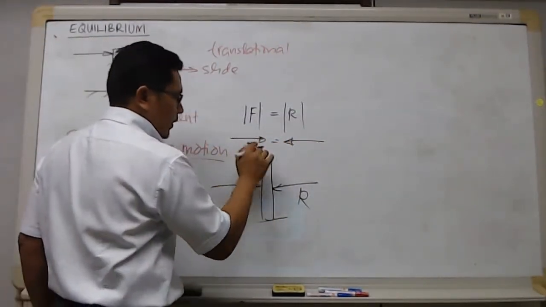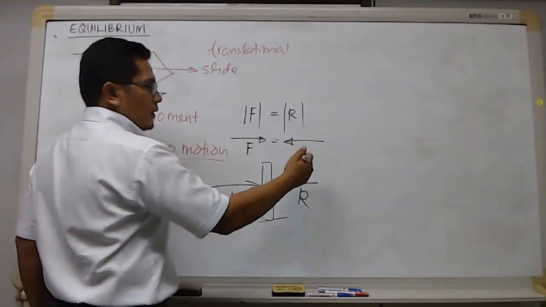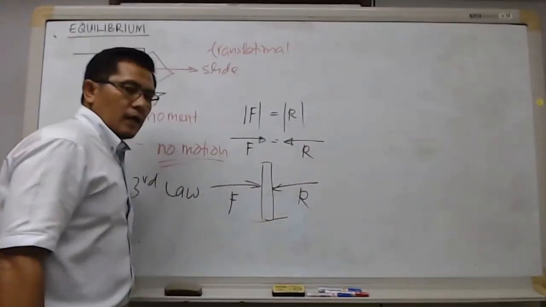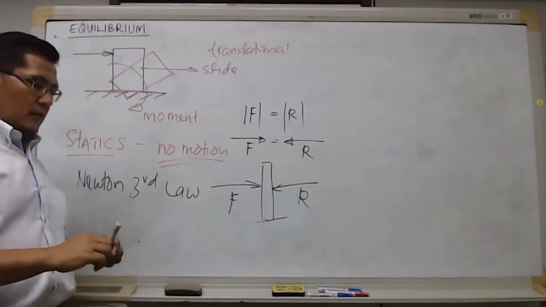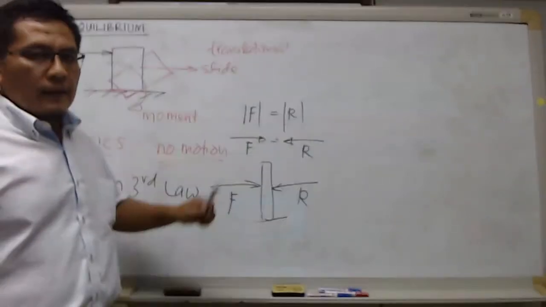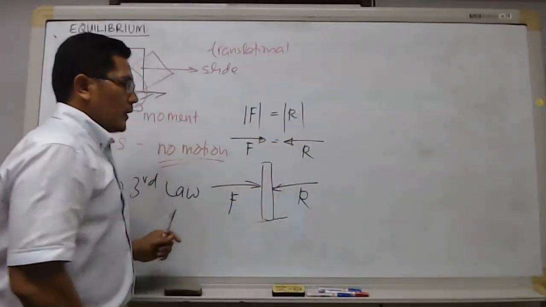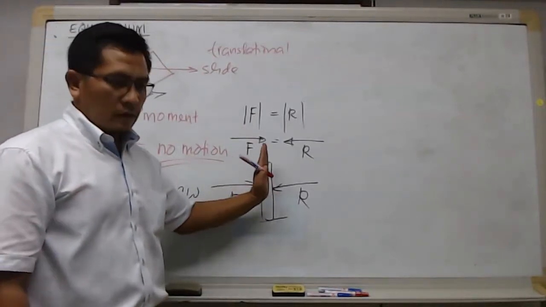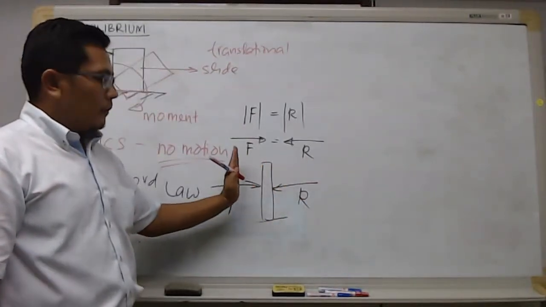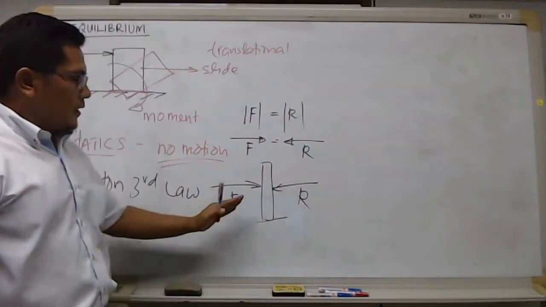The force going to the right, the reaction going to the left. That is what Newton's third law says. Whenever there is a force, there is a reaction that acts against the motion of the block. The block won't slide and the block won't tilt.